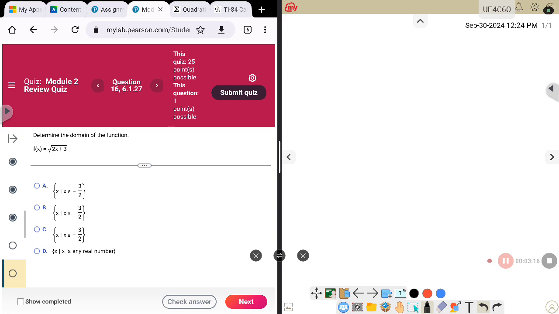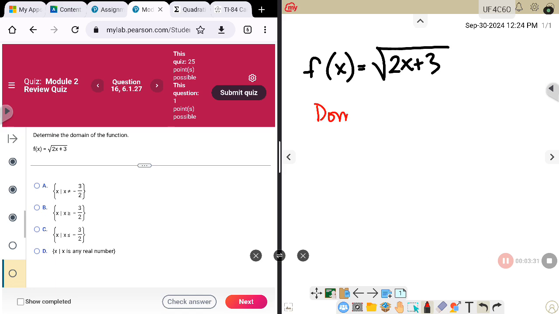All right, this next problem, we're going to determine the domain of a square root function. So if my function is f of x equals the square root of 2x plus 3, I need to know what can those x's be, or what is the domain. When you're looking for the domain of a square root function, the radicand, which is what's underneath that square root symbol, cannot be negative, which means whatever that radicand is, which in this case is 2x plus 3, needs to be greater than or equal to 0.